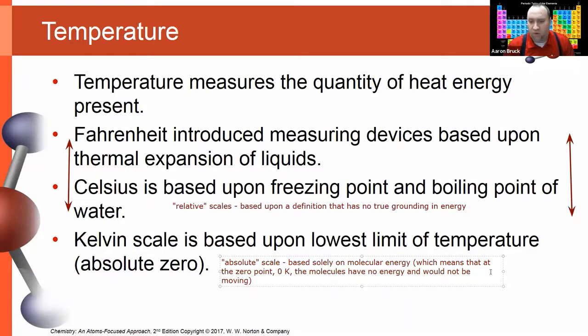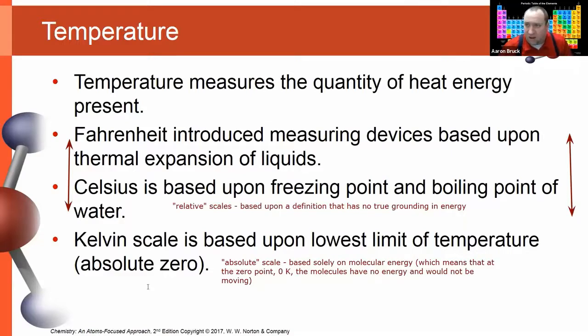And that's what we refer to as absolute zero. So the reason why the Kelvin scale is so favored has everything to do with this last fact. It's an absolute scale. We get an absolute definition of energy related to the temperature scale itself.